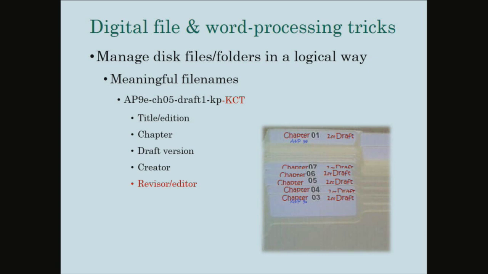So that's the version where Karen has gone in and asked me a couple of questions that I need to answer. Once I answer them, then I save that as a next file where I put KP on the end again. So this is my draft that was sent to Karen, and she sent it back, and now I've created a new file out of that because I've answered her questions or made the changes she suggested.